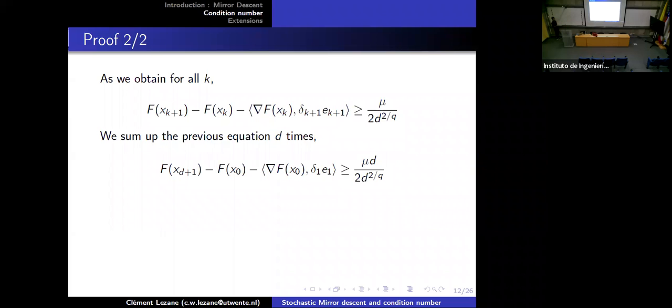And the question is, how many do you have of them? You have d over them, right? So you're going to have mu d 2, and then here it's going to be multiplied by d 2 over q, which is equal to mu.